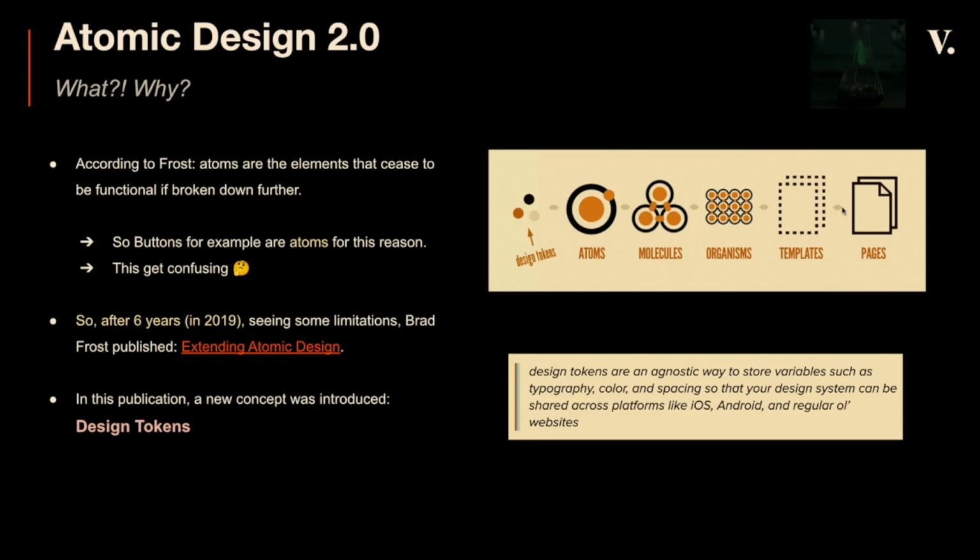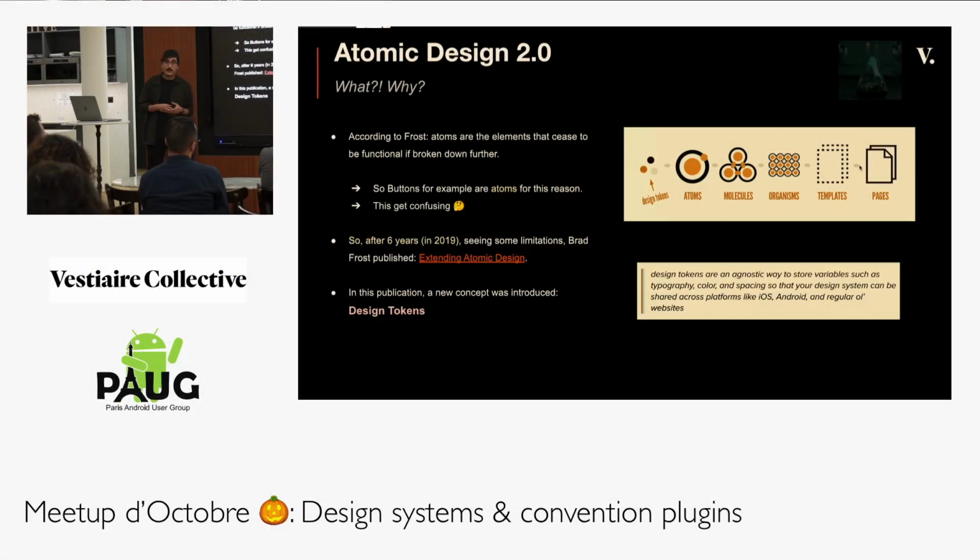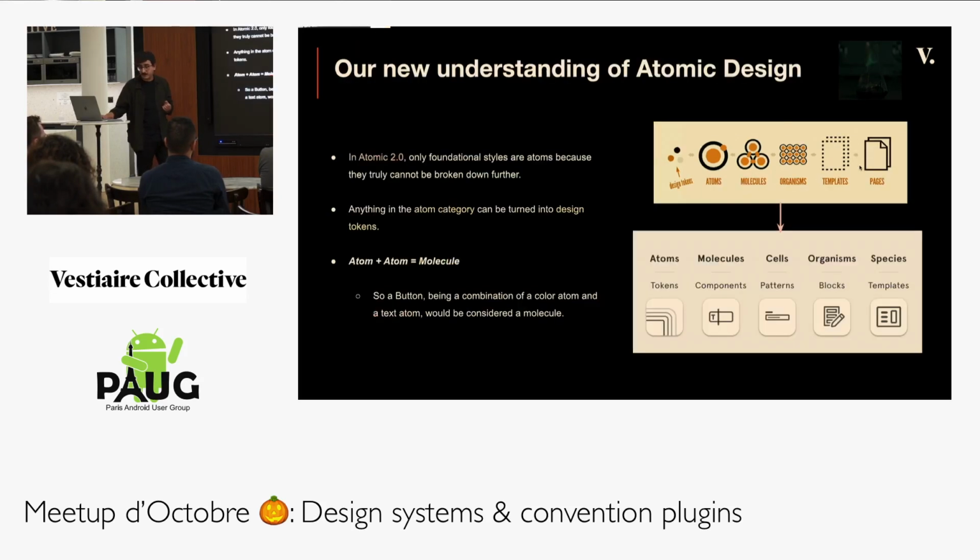After 6 years, in 2019, seeing some limitations of the methodology, Brad Frost published a new article talking about extending atomic design. In this publication, a new concept was introduced, which is design tokens. We'll see more of that, what the design tokens are, in the following slides.